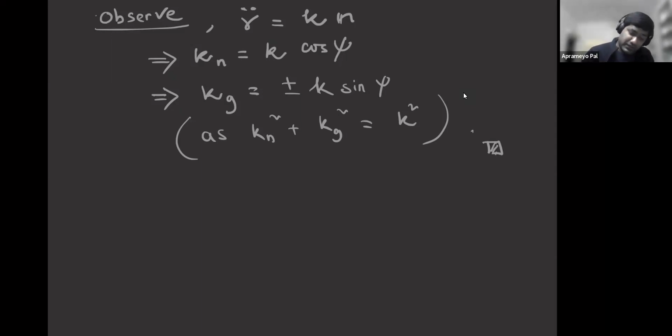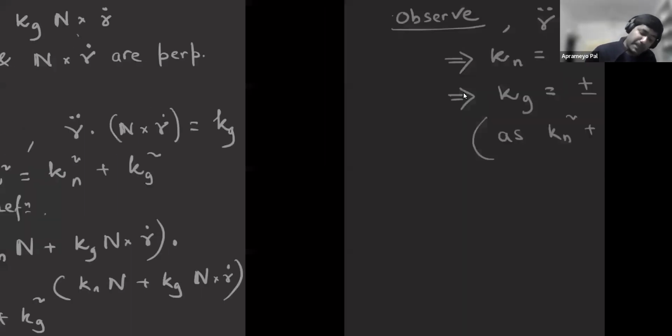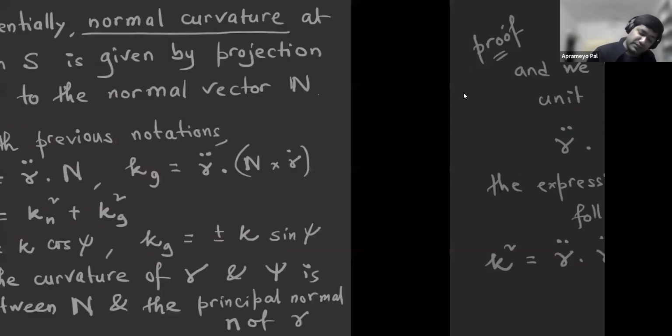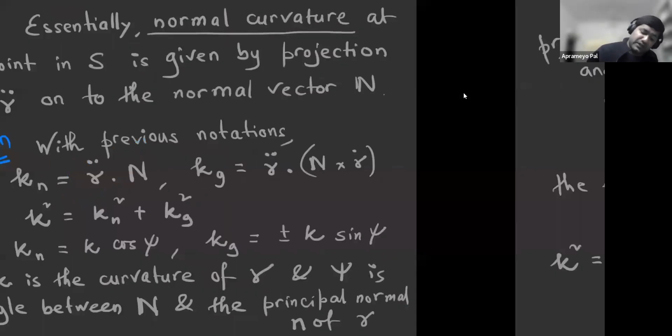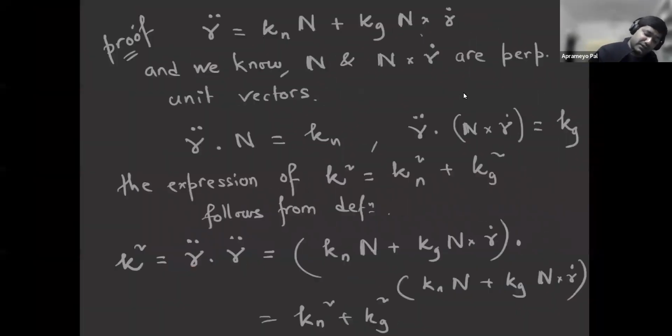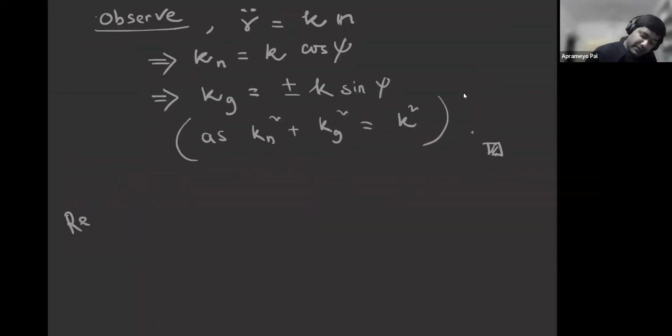So essentially what we obtained is the full formula, and all these relations. Let me just remark here. In the definition, you have to remember we assumed gamma to be unit speed.